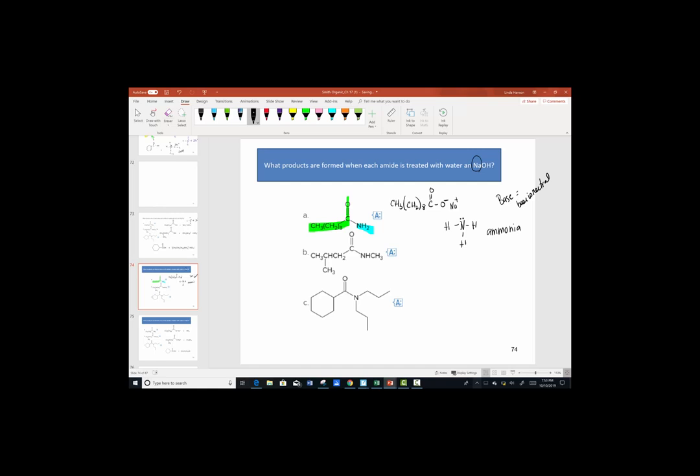Remember, there's a lone pair up here now. Find the carbonyl group, and that becomes the acid. So here's when we counted 1, 2, 3, 4. We had 3-methylbutanoic acid. So I'm going to draw my 4 carbons, put the methyl there, and there's the carbonyl.